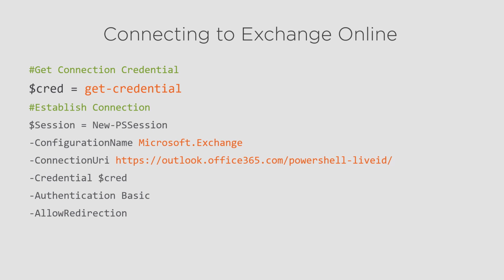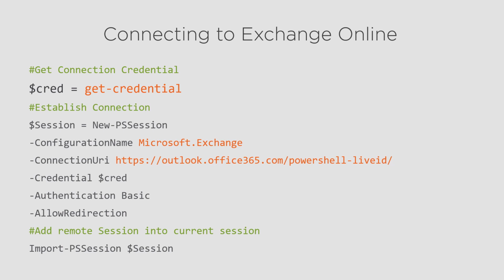So I create a variable called session, run the New-PSSession commandlet, config name Microsoft Exchange, give it the connection URI, which will be the same for everybody except if your tenant is in Germany or China. That's when your connection URI would be different. Give it my credential, authentication basic, allow redirection, and finally import the PS session in my current session.